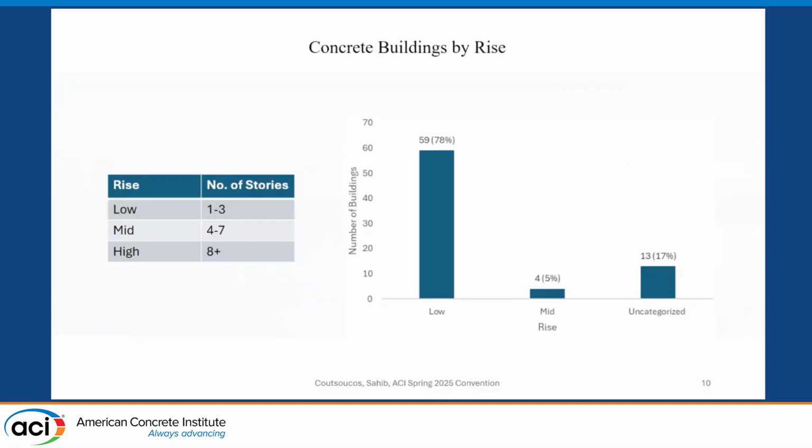The rise of the buildings was determined by the number of stories as per the HAZUS earthquake model technical manual. The majority of the buildings were categorized as low-rise, and the ones that were not categorized would require further research.